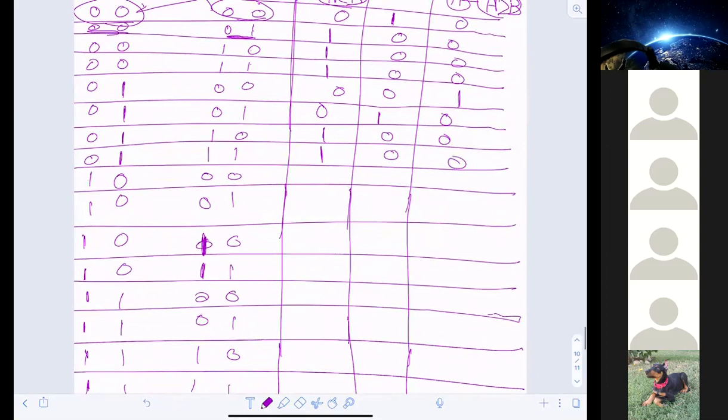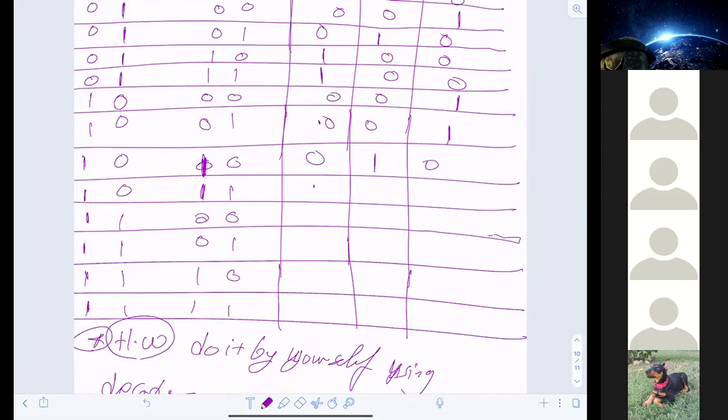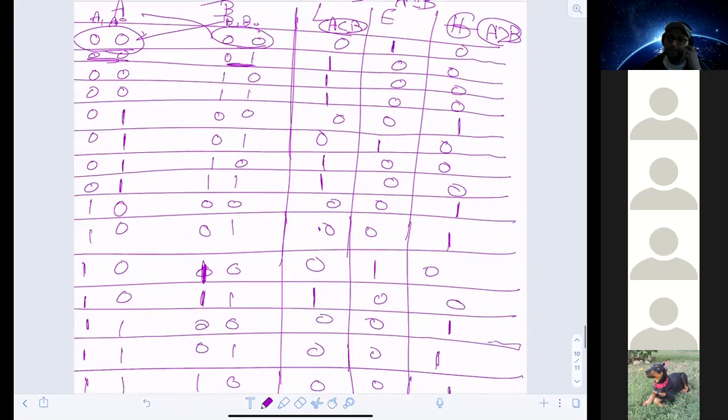Then 2 and 0, greater. 2 and 1, greater. 2 and 2, equivalent. 2 and 3, less. Then 3 and 0, greater. 3 and 1, greater. 3 and 2, greater. Then 3 and 3, equivalent. That makes sense?